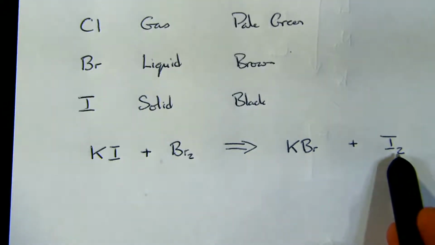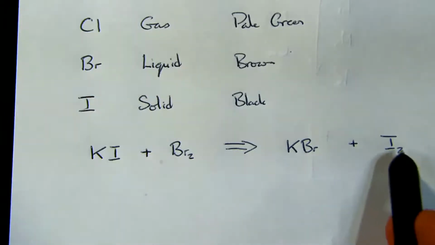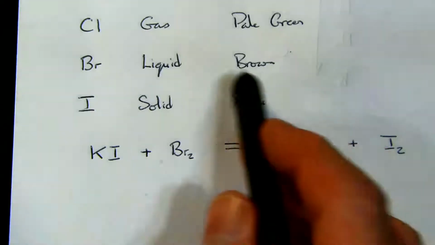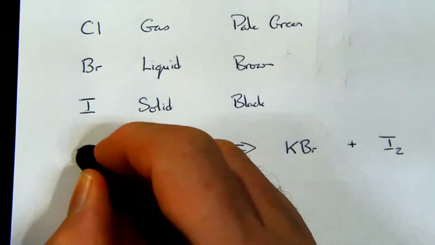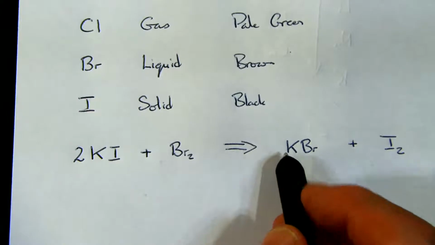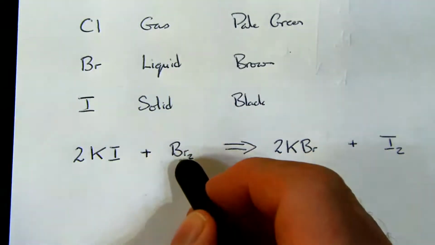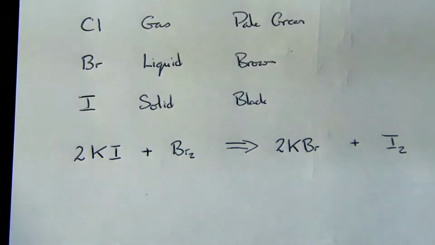So I've got to try and balance this. I've got two iodines on this side, therefore I've got to have two iodines on this side. That means two potassium iodides, which means I've got to have two potassiums here. We must have two potassiums there, which gives me two bromines, which balances beautifully. So if I take potassium iodide plus bromine, we get iodine given off.